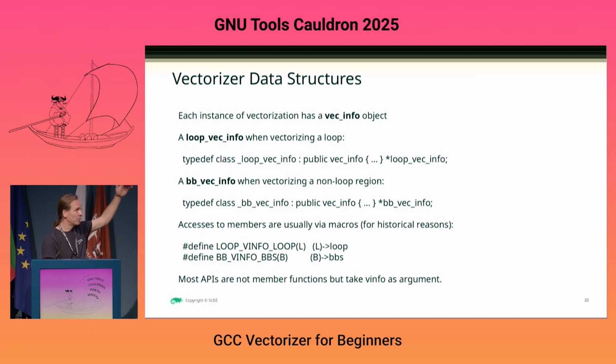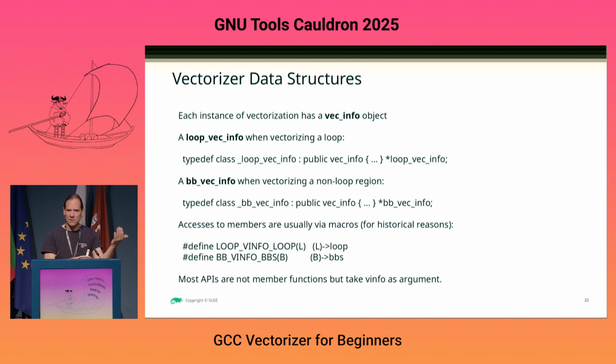As you saw, most of the analysis actually reuses the same functions. These functions usually get only the vec.info and only need the vec.info part. Or we deal with this with an explicit check, is this a loop vec.info, and then you see casts in the code and it accesses the loop data.